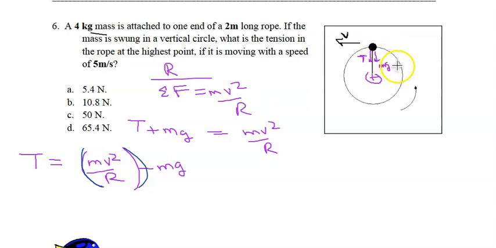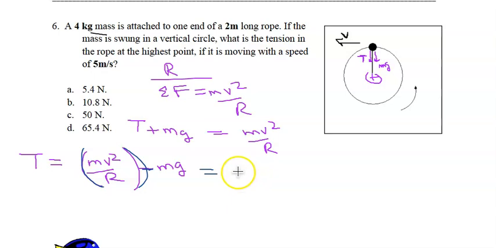But hey, I'm getting an assist from gravity because it's also pulling in. So I don't have to do all of that work. I'm going to subtract the weight because the weight is helping me out. So the tension doesn't have to work as hard. Okay, that is the advantage of not having numbers, as you can see what all of the different things are doing for you in the system.